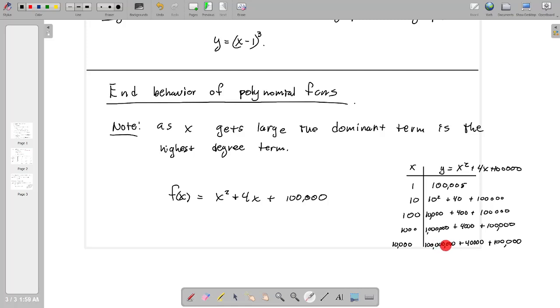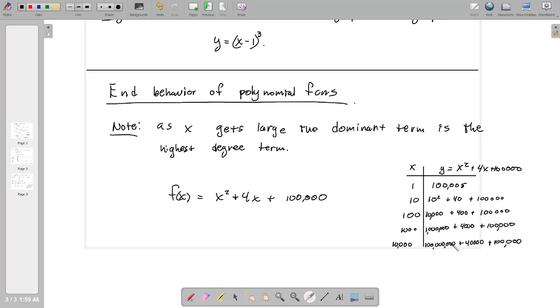So even though 100,000 is a very large number when we just think about a number, compared to the x squared term when x is 10,000, it is nothing. As you can see, as x gets larger, because we're squaring it, multiplying x by itself, we get a huge number.